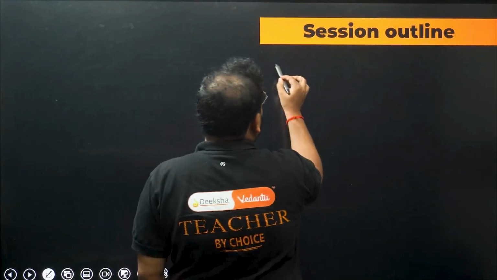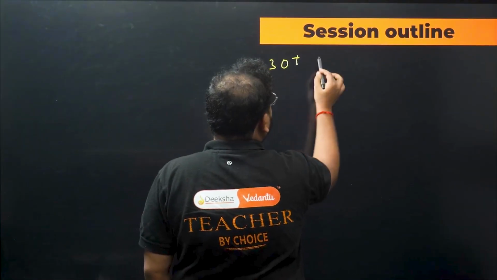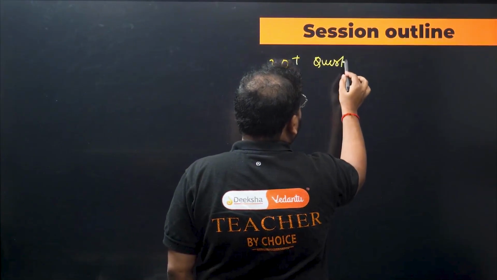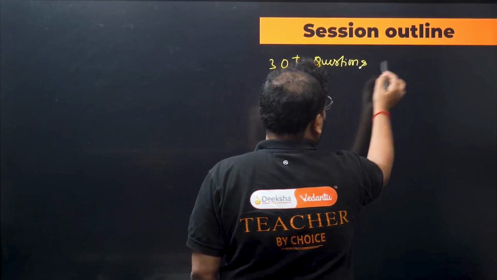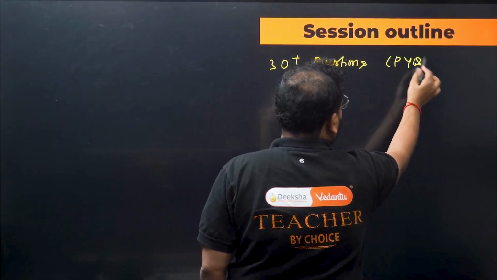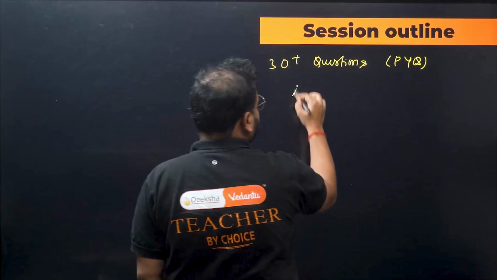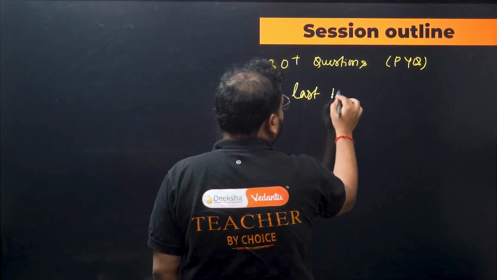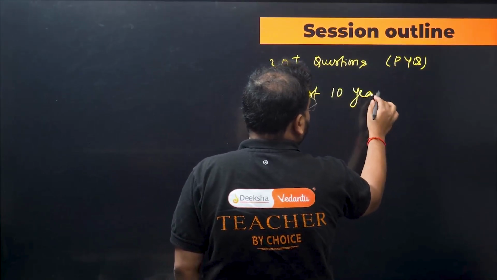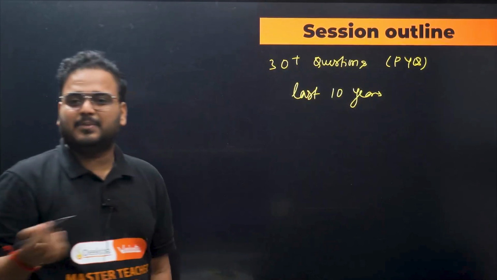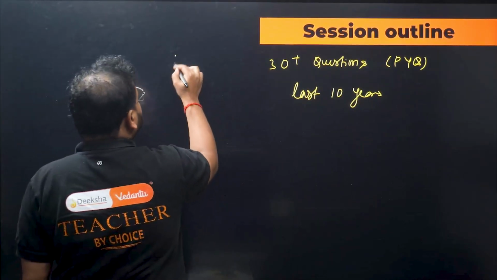So outline, as I said, we'll solve close to 30 plus questions. Again, all these are PYQs of KCET from the last 10 years. And these are not some odd 30 plus questions. These are hand picked, meaning most important.